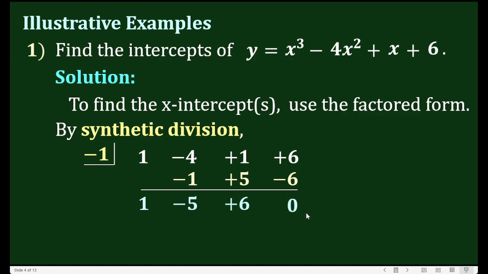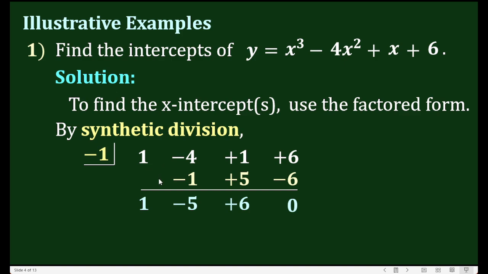So we achieved a 0 remainder, meaning we found the right root, or zero, of this polynomial function. At this point, we have just obtained one of the x-intercepts. Since the degree is 3, there are 2 more x-intercepts.